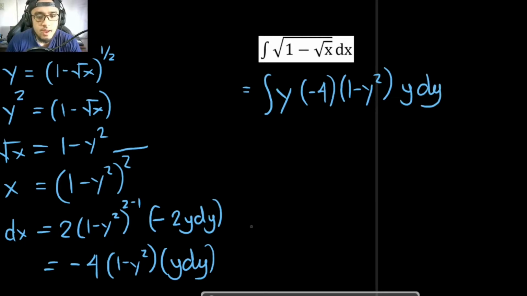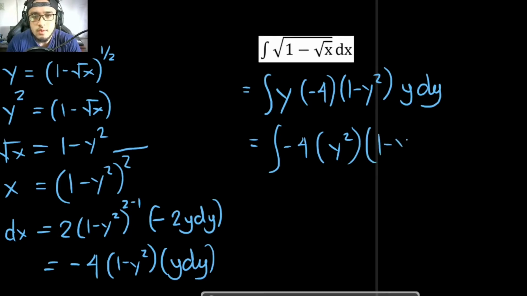Simplifying, this can be written as the integral of negative 4 times y squared, where I just multiplied this 2 right here, times (1 minus y squared) times dy.